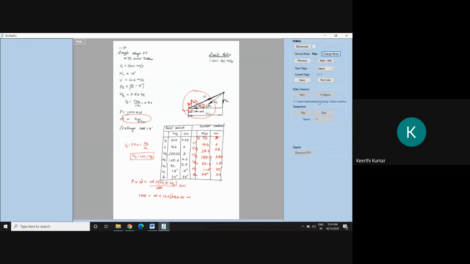In the last problem we put the positive symbol, but now I am using negative because the velocity triangle went inside. Minus VU2 is 28.8, divided by 1000. Anyone take out m dot in kg per second. You tell me the value of m dot.